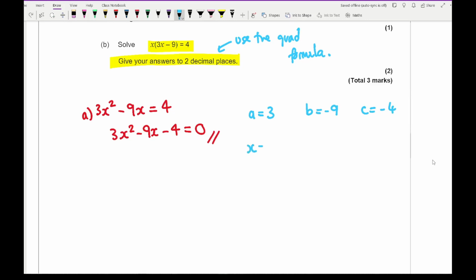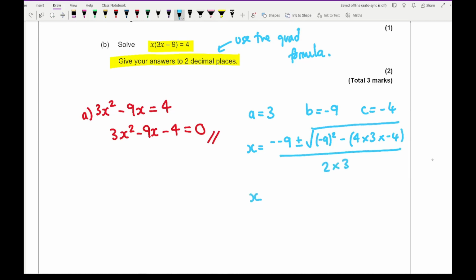So then substituting those numbers into the quadratic formula, I end up with minus minus 9 plus or minus the square root of, and then, no, it's not 3 squared, it's minus 9 squared, minus 4 times 3 times minus 4. That's all square rooted, all divided by 2 times a.